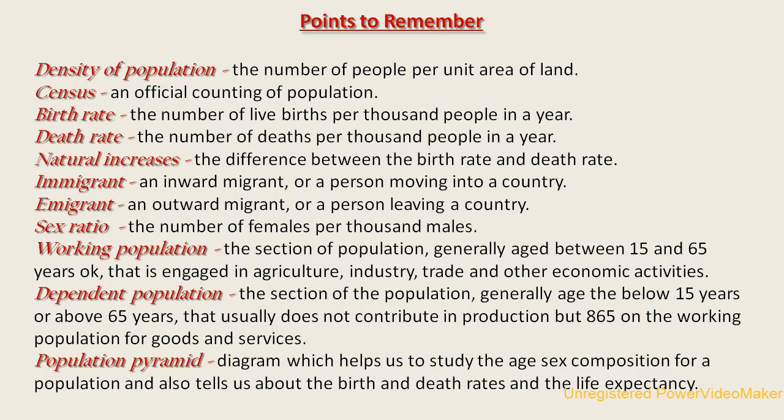Dependent population, the section of the population generally aged below 15 years or above 65 years, that usually does not contribute in the production, but it depends on the working population for goods and services.